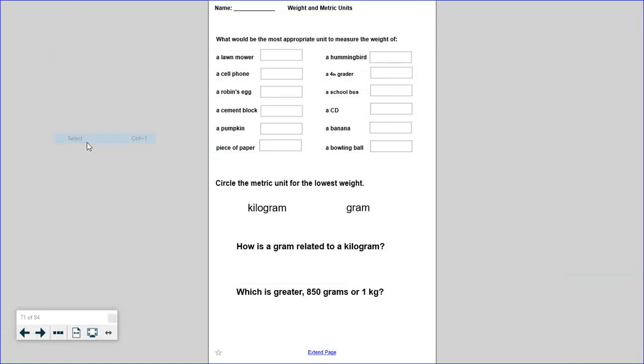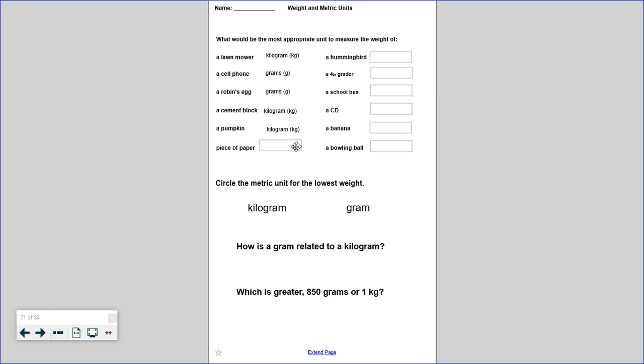Okay, so let's go through a few more objects. Hopefully these will work better than the ones yesterday. What would you use, kilograms or grams, for a lawnmower? Kilograms. How about a cell phone? Gram. A robin's egg, gram. A cement block, kilograms. A pumpkin, kilograms, unless it's one of those little baby ones you get around Halloween, but most pumpkins, definitely kilogram.